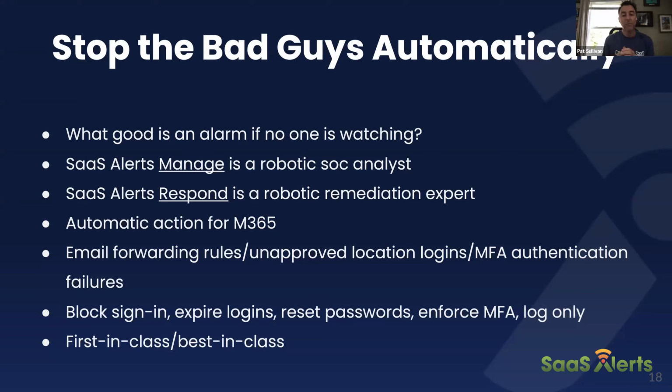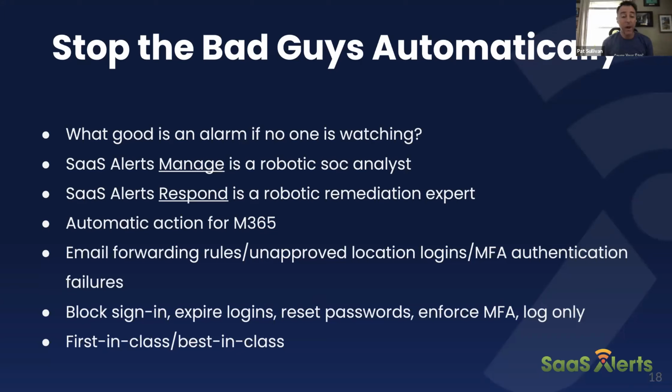So Respond helps you go in and set up those automated rules to shut those things down in the middle of the night or at any point that you choose. We've got automatic actions for Microsoft 365. So again, we are looking for some of the big ones out there that are really obvious, right? Email forwarding rules, especially if set up to an external email address, unapproved login locations, MFA authentication failures.